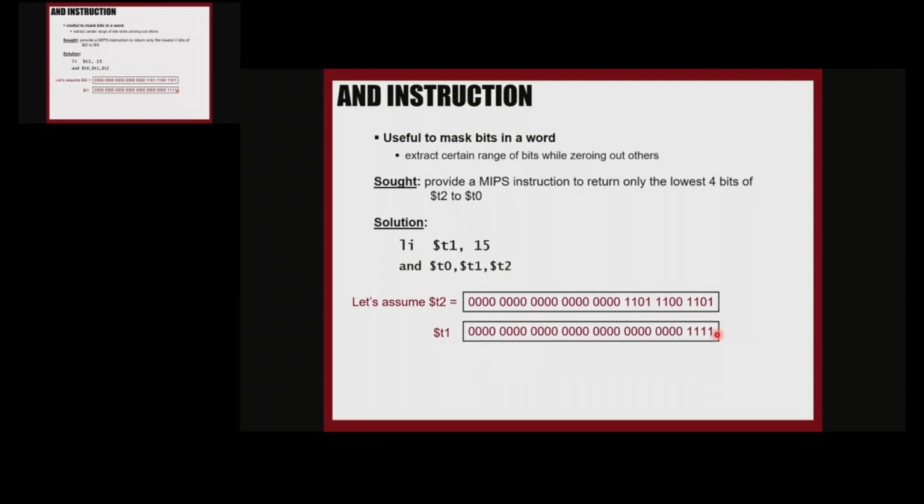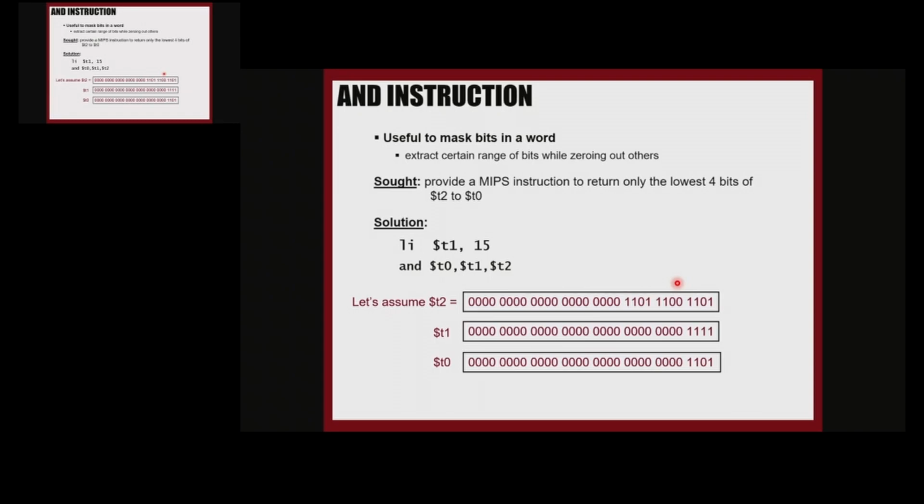So now if I AND T1 and T2, because I'm using the bitwise AND here, it's going to keep the value in T2 for the least significant 4 bits, and everything else will be 0. And this is what we're going to get. Everything else is 0. The lowest 4 bits are the least significant 4 bits of T2 as well. Does that make sense?